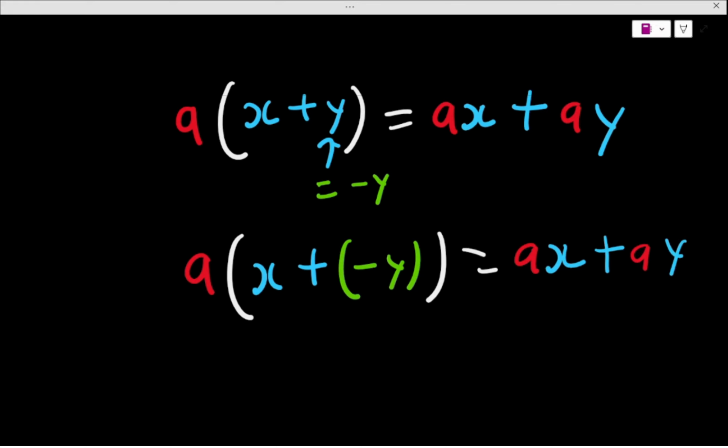But y is equal to negative y, so it would be plus a times negative y, which is equal to negative ay, or minus ay.